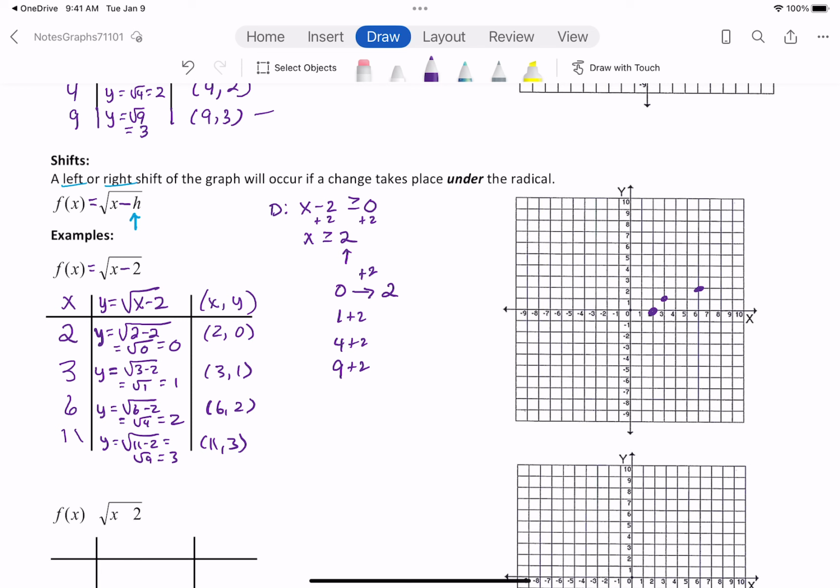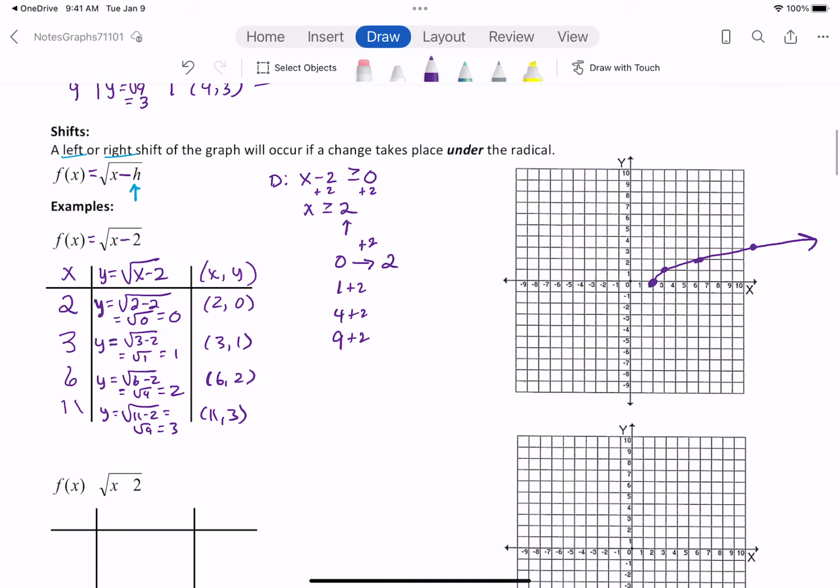So we're going to have to kind of guess at 11 a little bit and put it here. And remember that first number is my endpoint, and we're just going to connect them and continue with an arrow. So you notice when I have x and it is minus a number and it's all up under the root, we got a right shift.